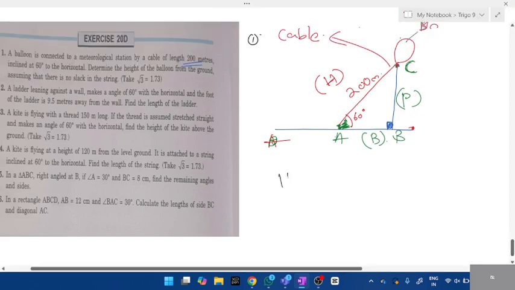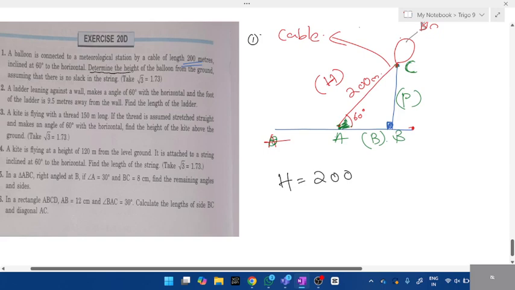The hypotenuse is given as 200 meters, and what do we have to find? Not the base. We are supposed to find the perpendicular.